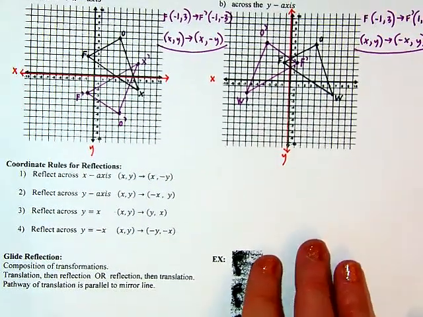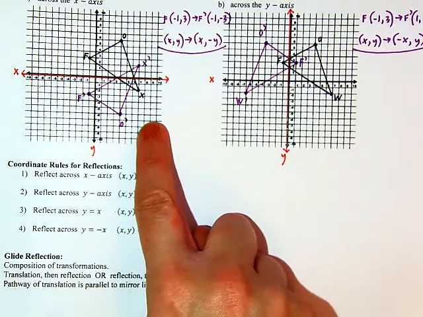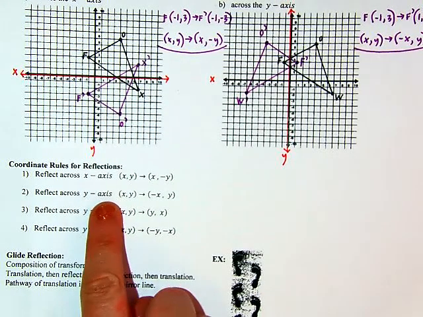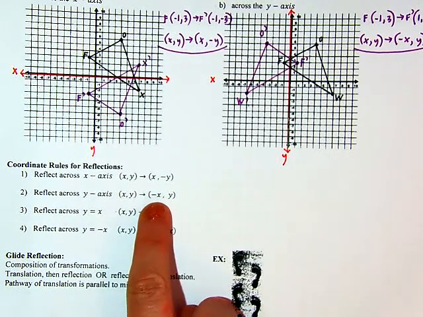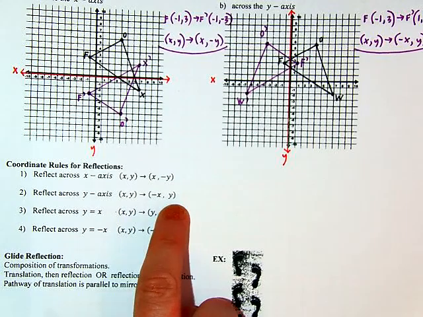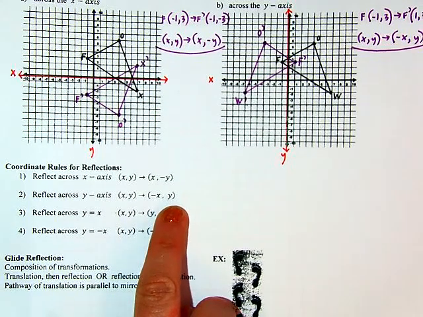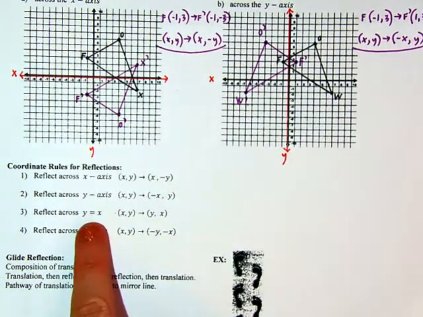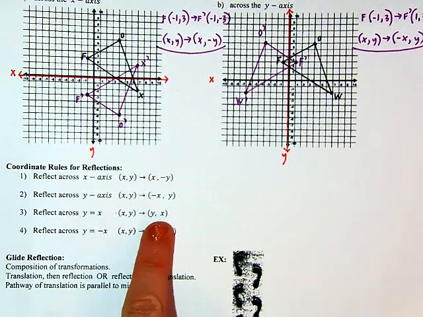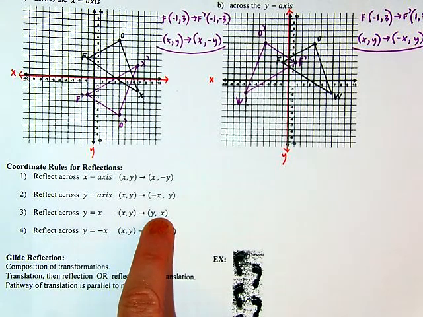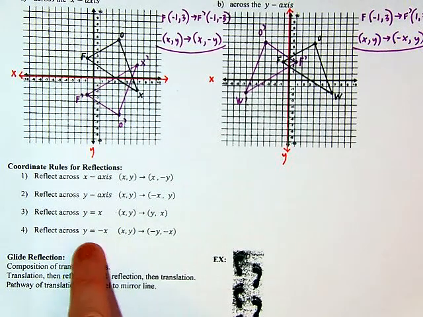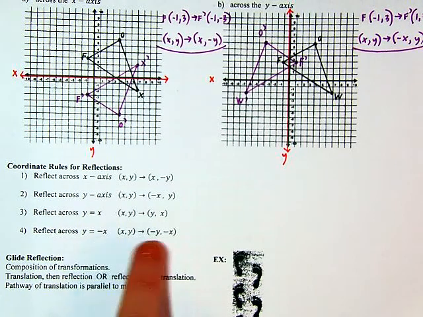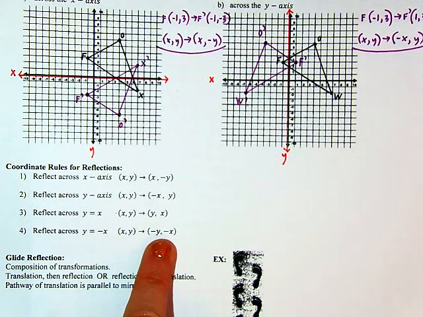Okay, that's what we saw right up here. When we reflect across the y-axis, it's the x that switches to the opposite sign, but the y that stays the same. That's what we saw right over here. Okay, when we're reflecting across y equals x, the x and y switch positions. And when we reflect across y equals -x, they switch positions and they switch to the opposite sign as well.